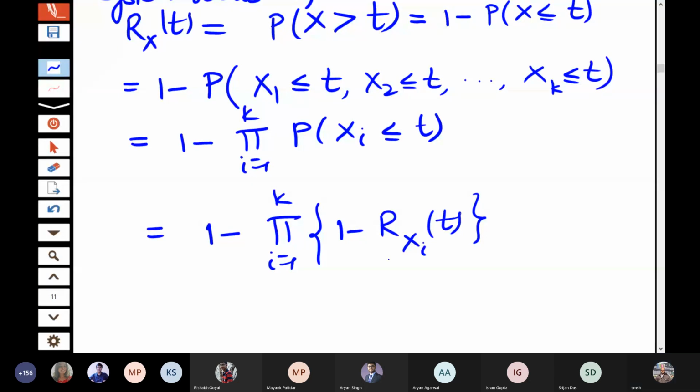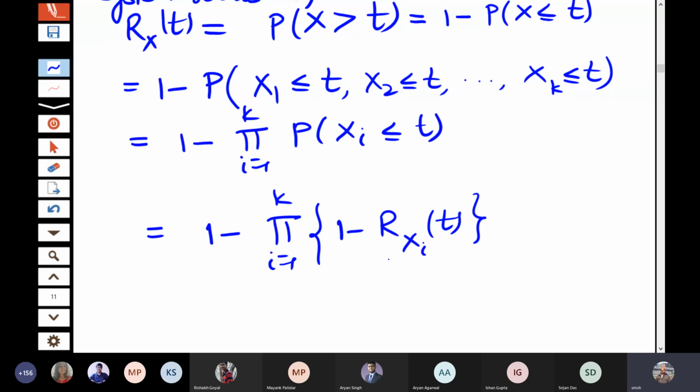Let us take the previous example where I considered 0.9. Here the product will be decreasing, and then you are taking 1 minus it, so it will increase. So when you add components connected in parallel, the reliability of the system improves.